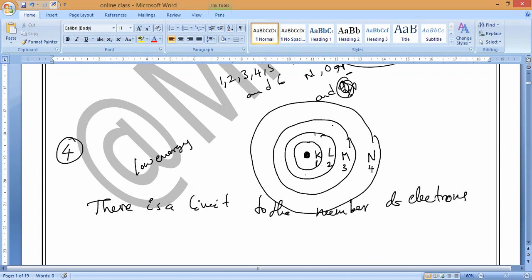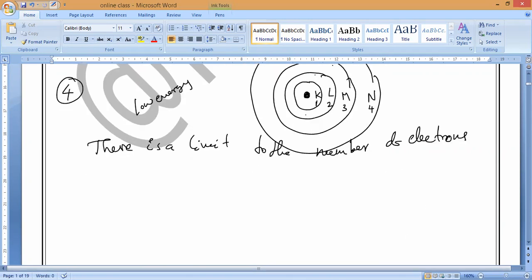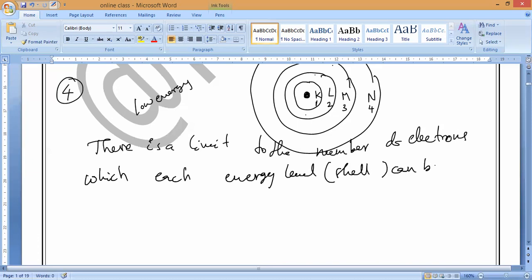There is a limit to the number of electrons which each energy level, which means each shell, can hold. So how to find this? Let me see now.